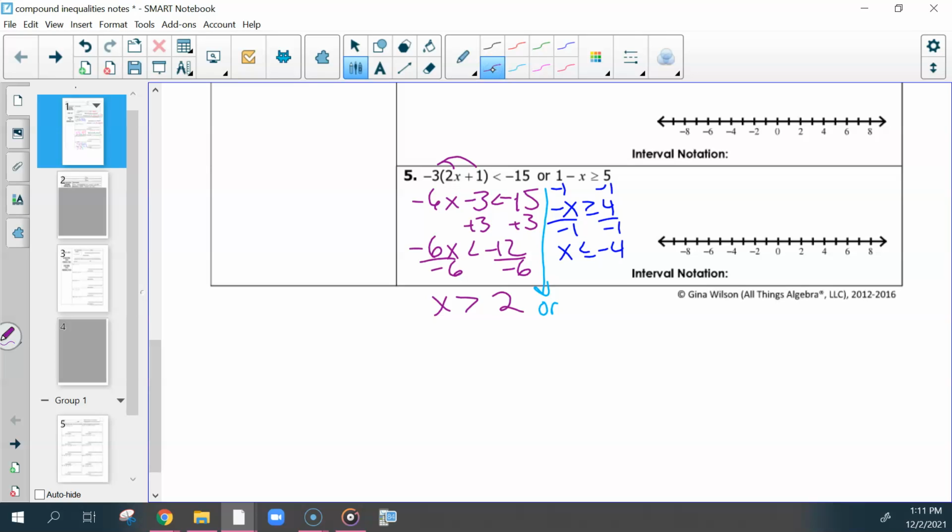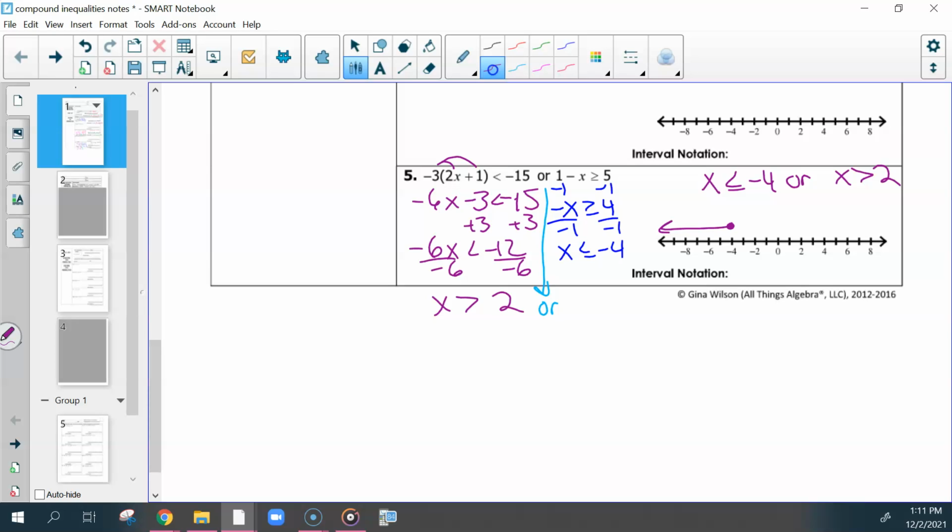So right now they switch directions, so if you want to rewrite them, you could. X is less than or equal to -4, or X is greater than 2. That way you know which one's left, which one's right. So X is less than or equal to -4 would be a closed circle going to the left.